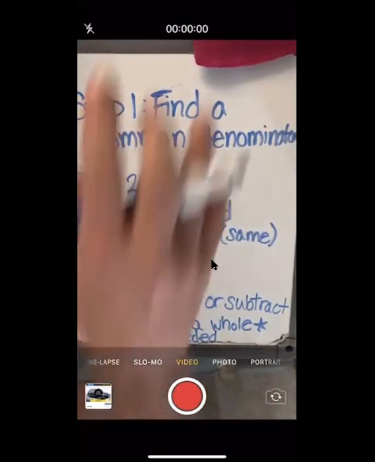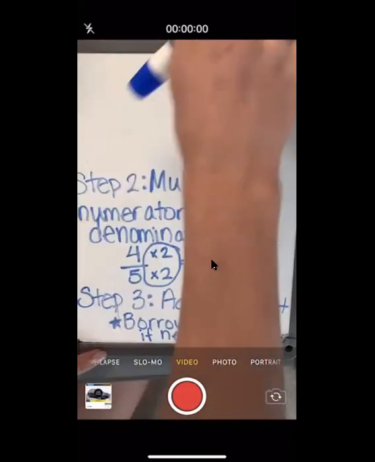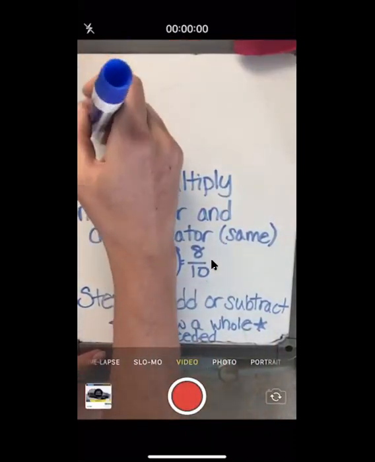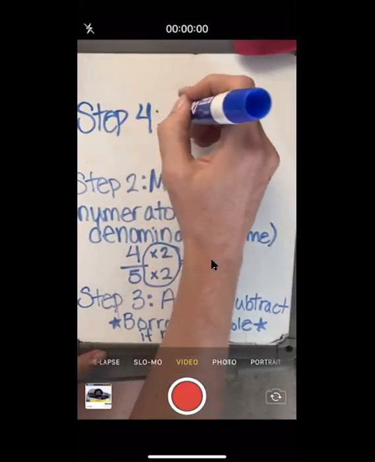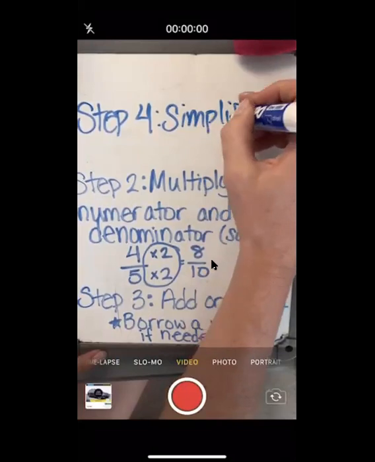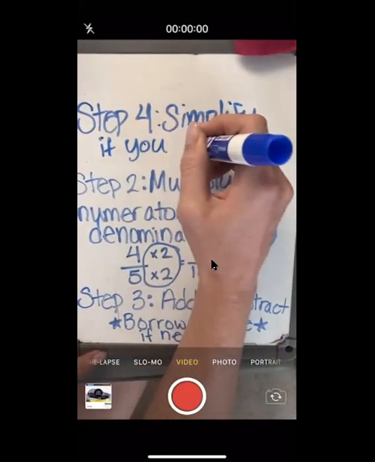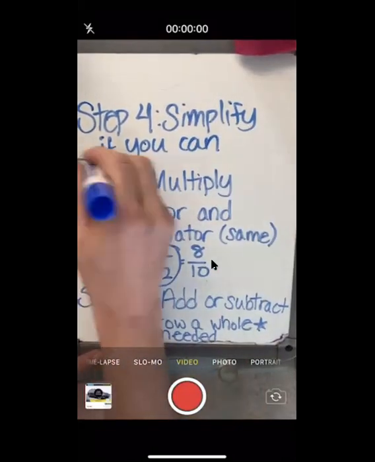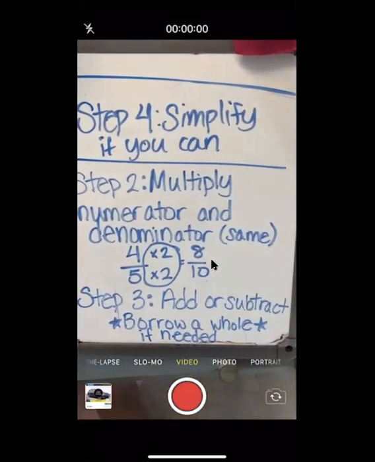So I'm gonna erase this one and I'm gonna put it back up here. I kind of ran out of room on my board here. 8/24, I think that's what it is, but yeah, that would simplify to a third. So hopefully on your paper, yours go in order. Step 4 would be on the bottom. Mine's all over the place. Step 4, simplify if you can.